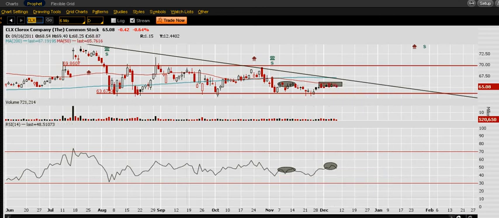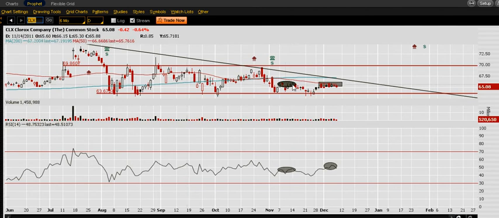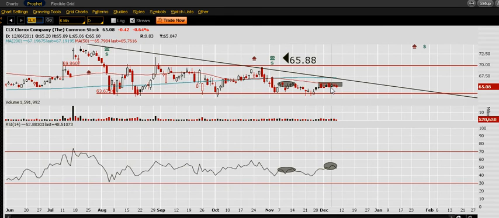Okay, so how do we get our target for this? We're going to take the ultimate high over here, which, let's see, we have a close of 64.65 and a close of 65.88. So we have 65.88. We have over here the highest close is, let's see, 65.60.